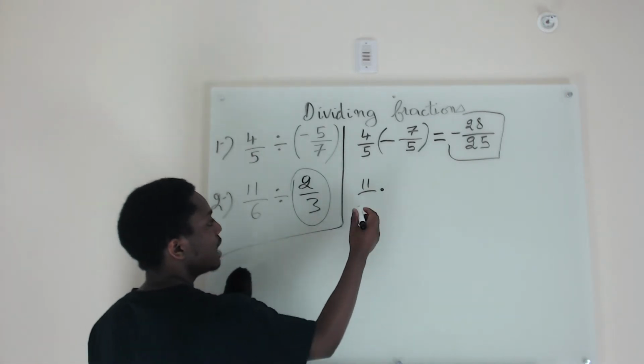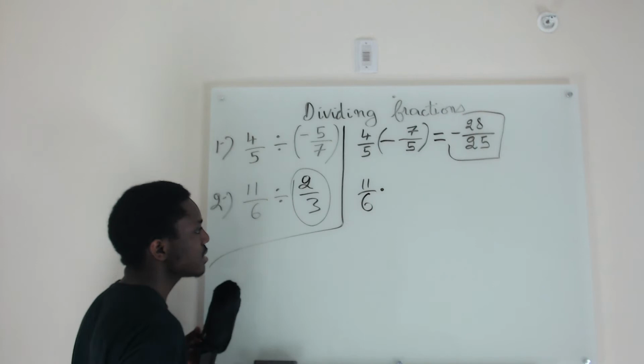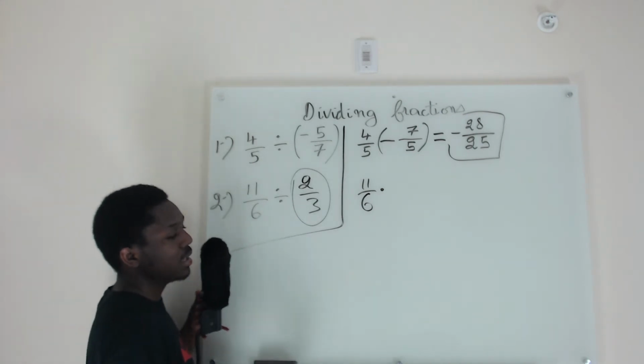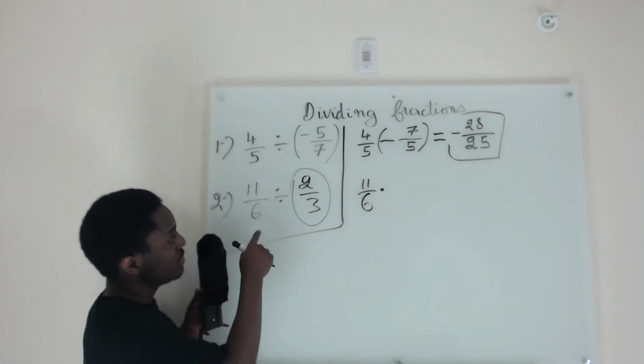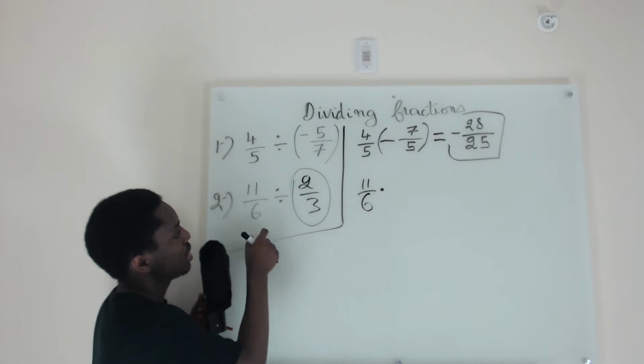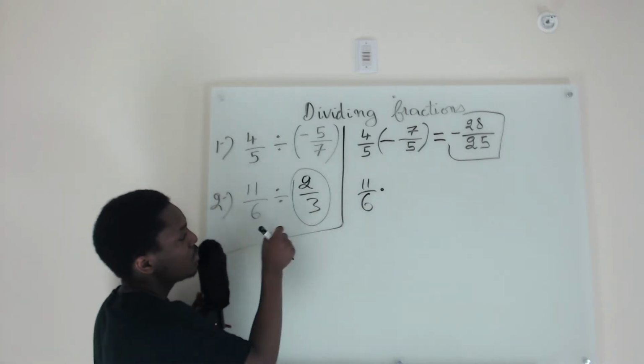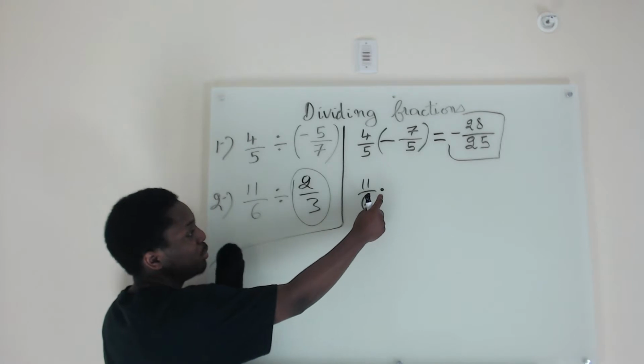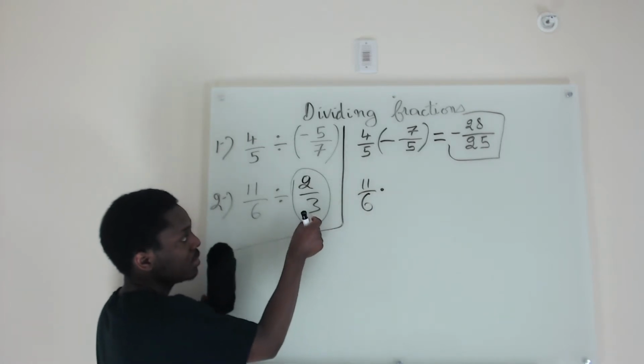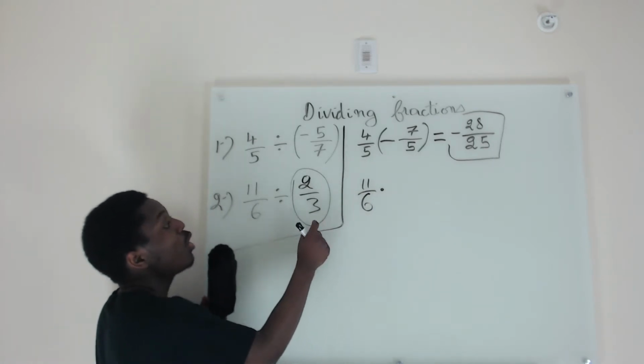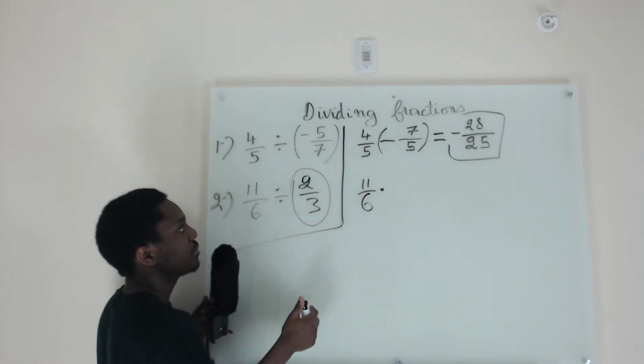Again, I will repeat myself. To divide two fractions, you take the first fraction, which is 11 over 6, and you multiply that by the reciprocal of the second fraction, or the flip of the second fraction.